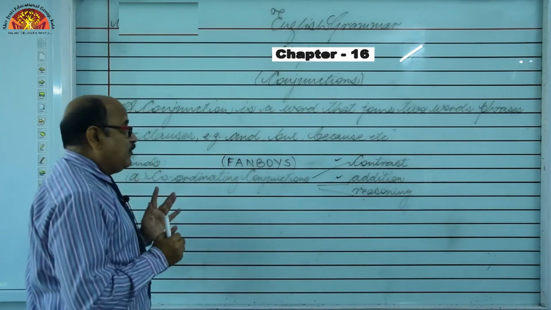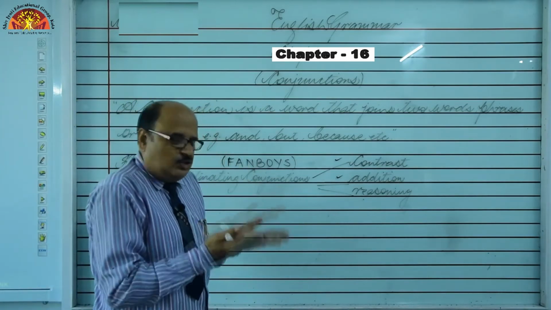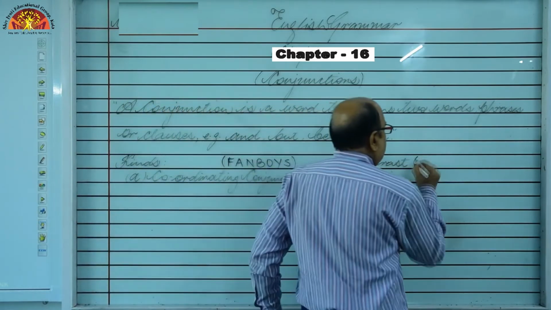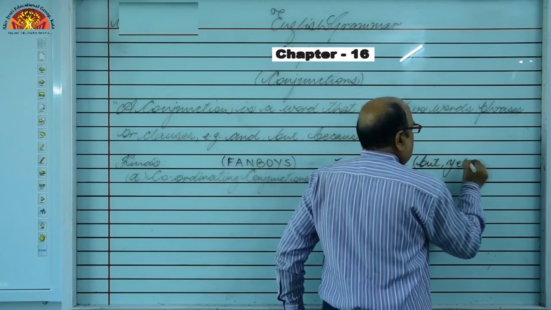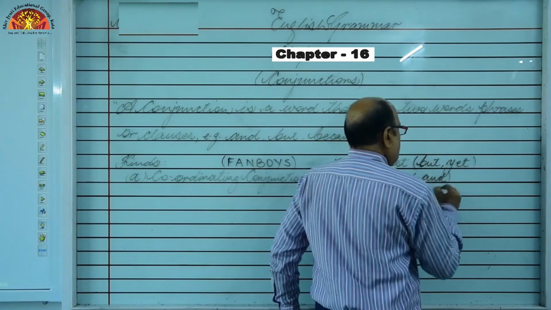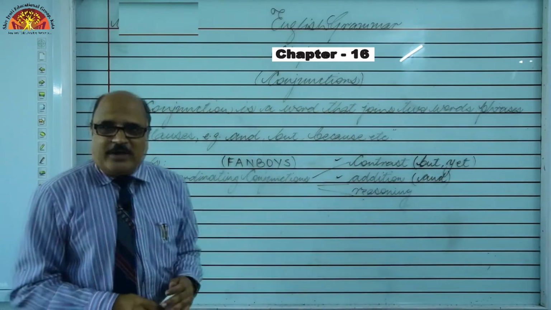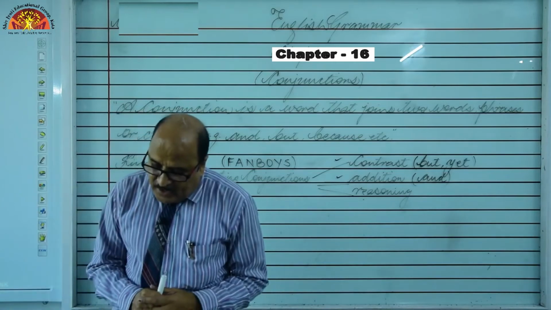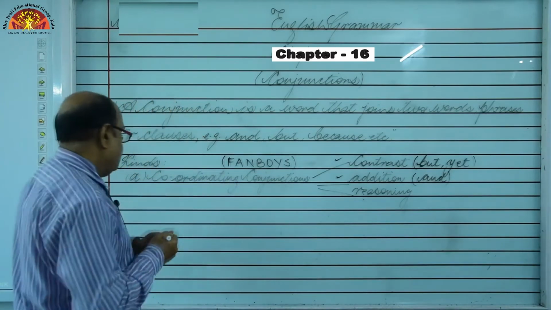Look, contrast: but, yet. Addition: and. So, have a look in your book, page 81. Zaira plays chess, her sister plays cricket.